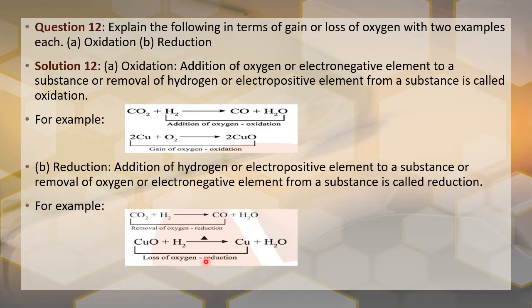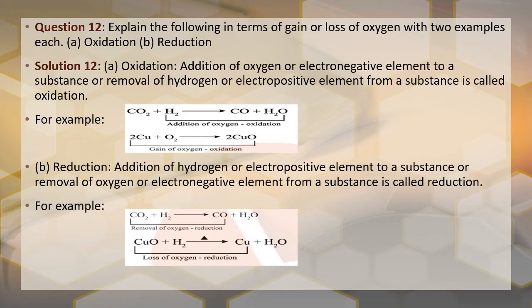So where there is an oxidation, there is a reduction. Oxidation and reduction go hand in hand. They occur together. That means oxidation and reduction take place simultaneously. I think you have understood what is an oxidation and what is a reduction.